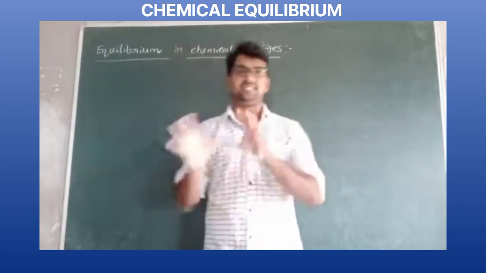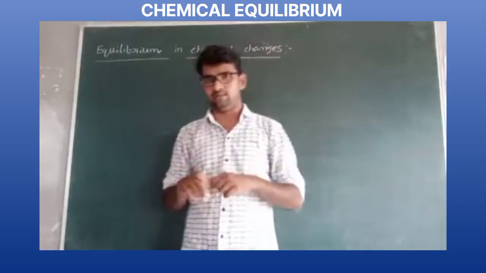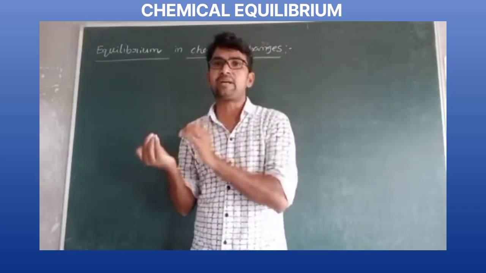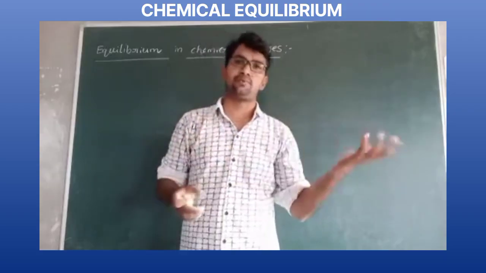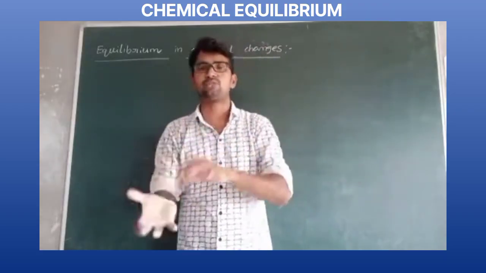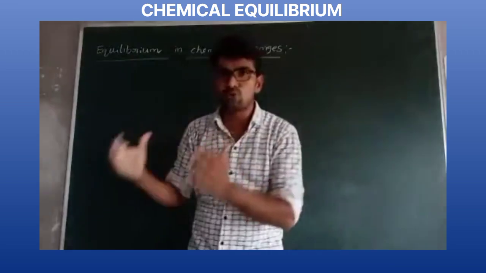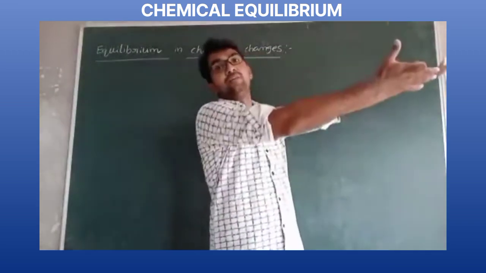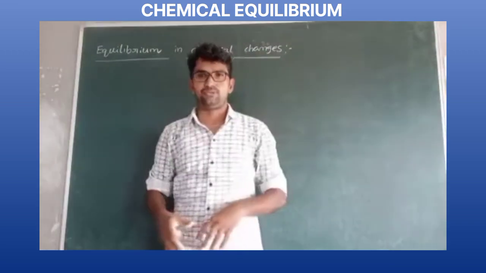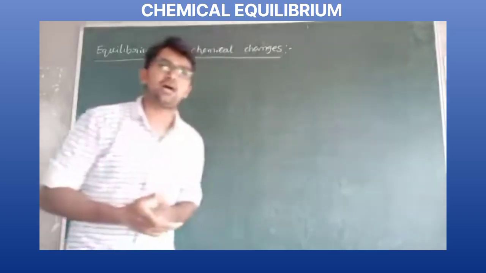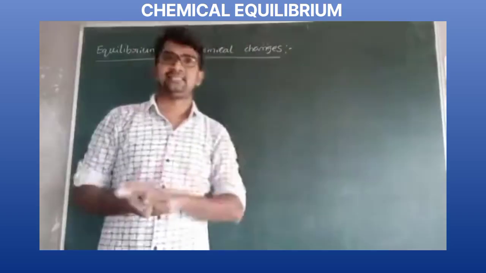That is physical change. But in chemical changes, directly one compound is converted into another compound. Or if you mix two compounds, they give one compound, or two compounds give two or three more compounds. Such types of reactions are called chemical changes.